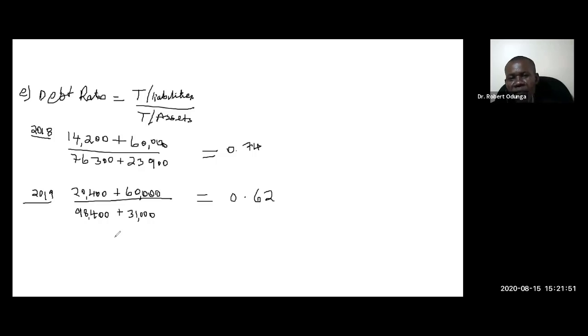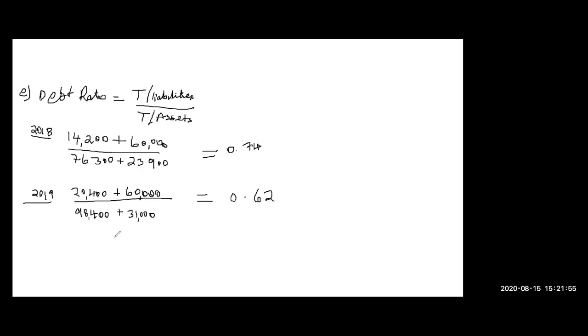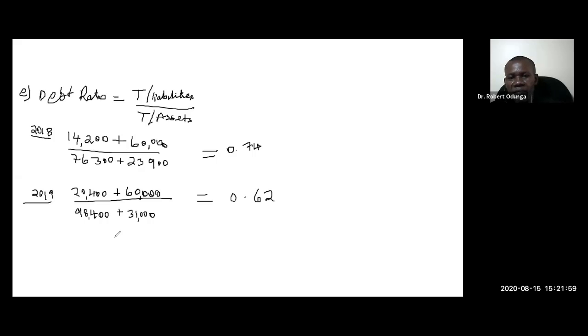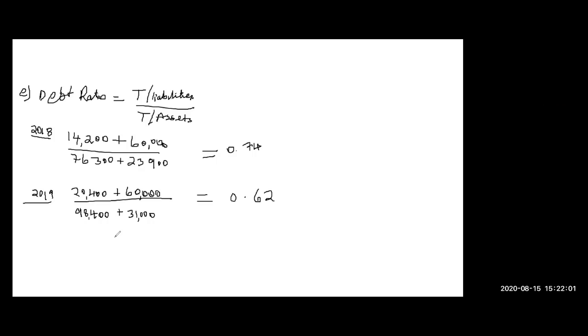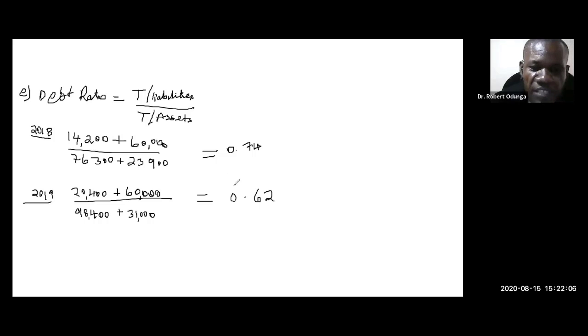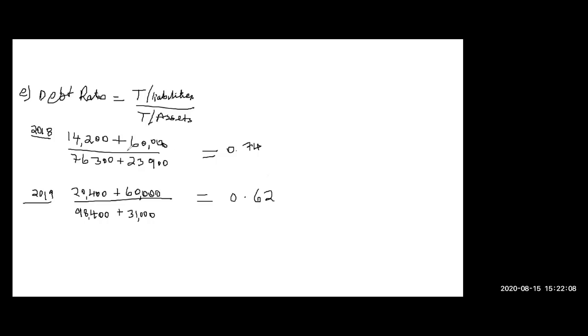If you have a higher percentage of liabilities, you are reducing the net worth of the business. That is the implication. So we are doing better compared to 2018.